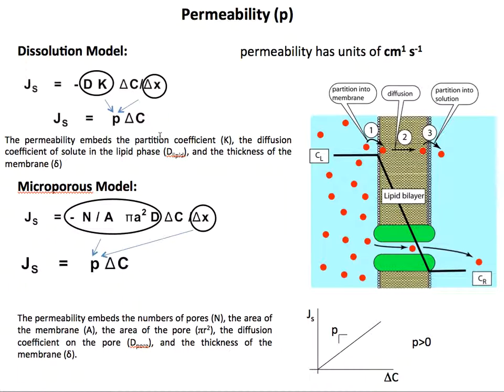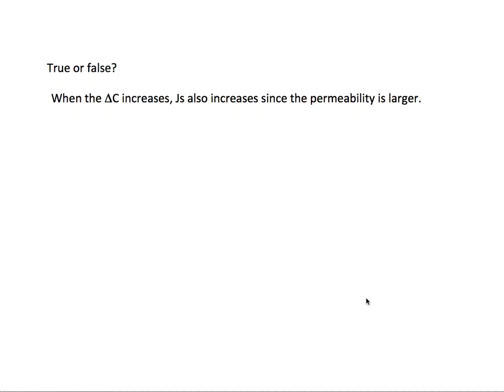So your P, your permeability, can be expressed as the slope of a line that shows you the relationship between JS and delta C. So the higher the delta C, the higher the JS. And if your permeability increases, that means the slope is steeper. Then for equivalent delta C, you'll have higher flux. Kind of makes sense.